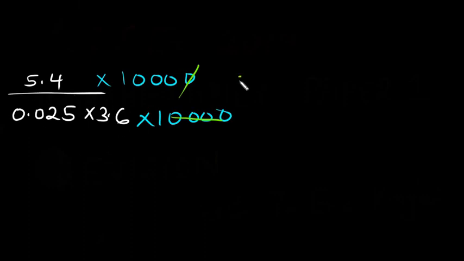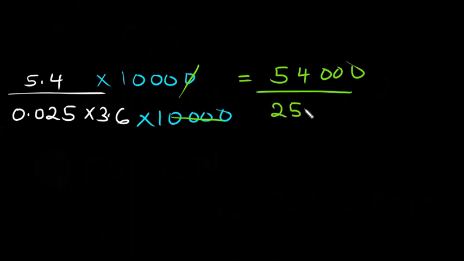So we're going to have 54000 on the numerator, and on the denominator 25 times 36. That way it's going to be easier to simplify as compared to when we have decimal places.